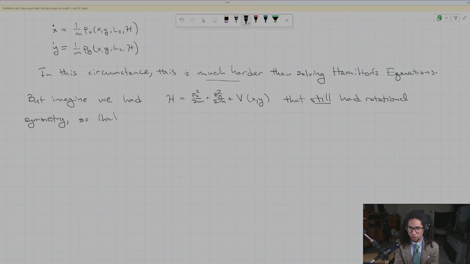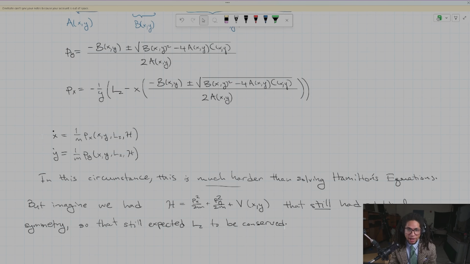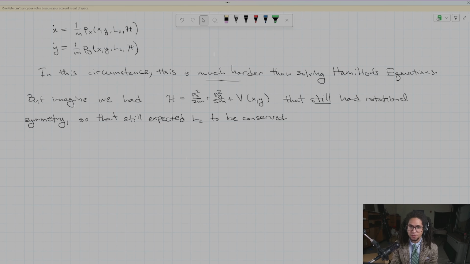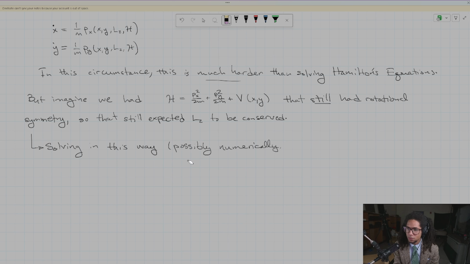So that we still expected lz to be conserved. Well, then this might be our best bet. This might actually be nicer than Hamilton's equations. So solving in this way, possibly numerically, might be our best bet.